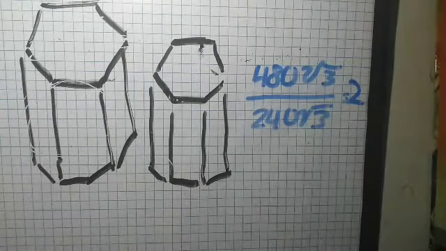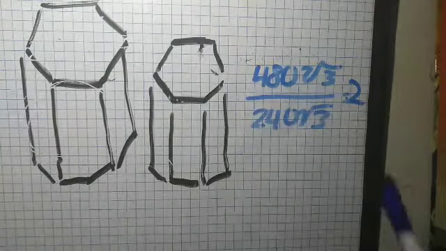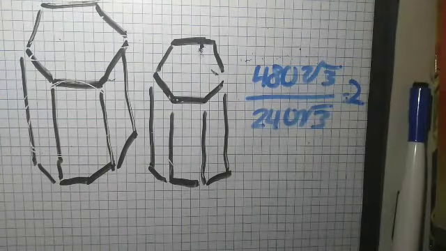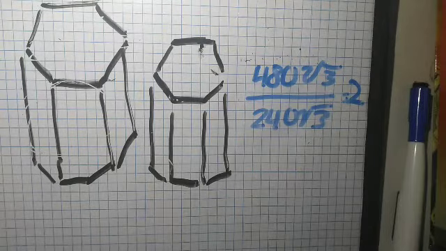Yes, I said gentle, because there's a lot of numbers out there that do not like to be computed. So you end up getting a ratio between these volumes, which is 2.